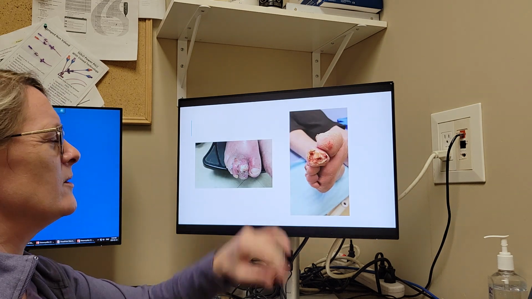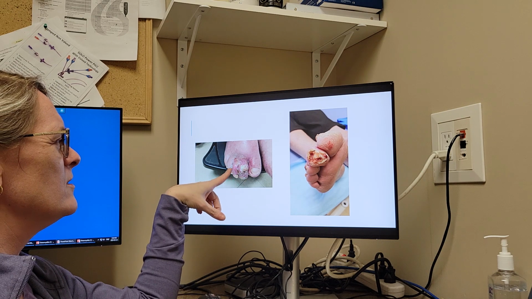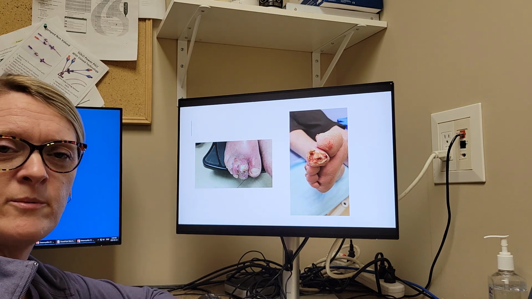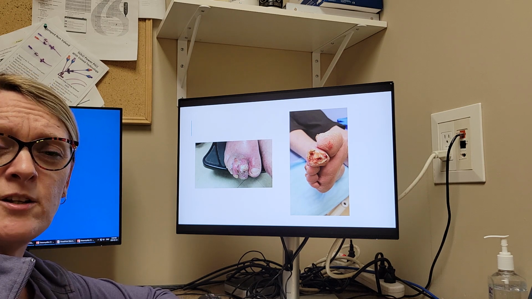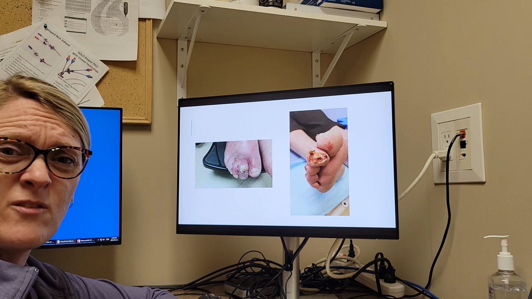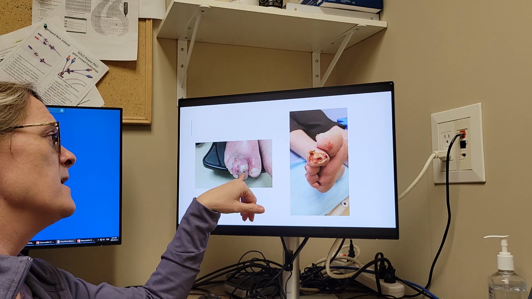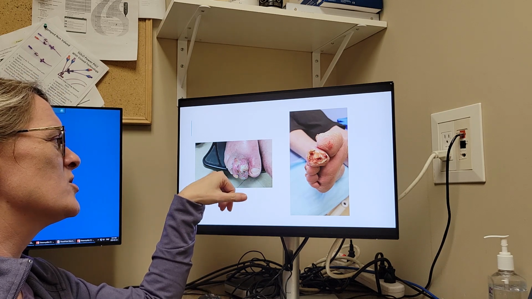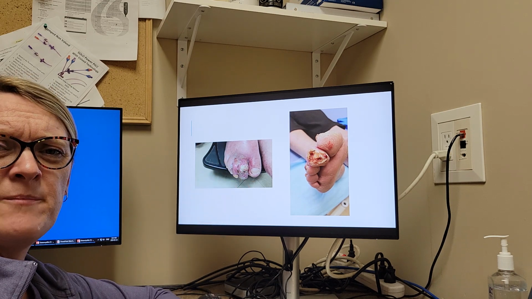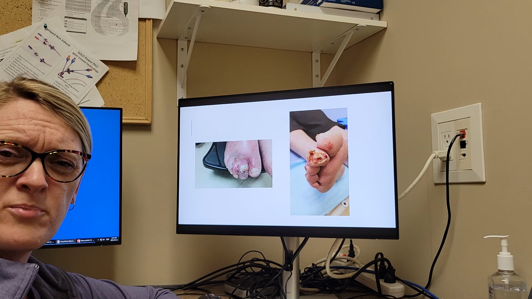And these lovely wounds are usually related to pressure, but again, combined with the fact that they're diabetic and neuropathic, they're not actually feeling that they've caused erosion to the area. So this one, because it was so wet and draining so much, we actually have exposed tendon here, and the bone was pretty close underneath.